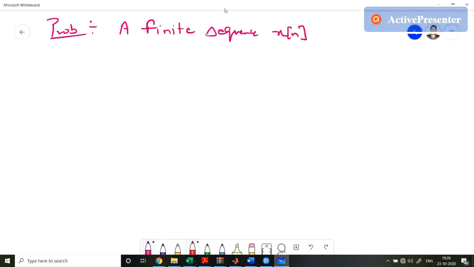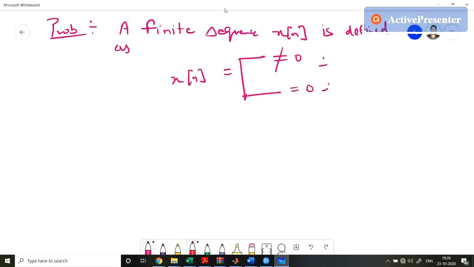A finite sequence x[n] is defined as x[n] not equal to 0 when n1 is less than or equal to n less than or equal to n2. So between n1 and n2 it is not equal to 0, and it is 0 otherwise, for all other values of n.